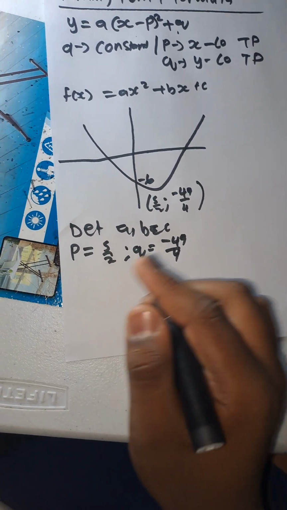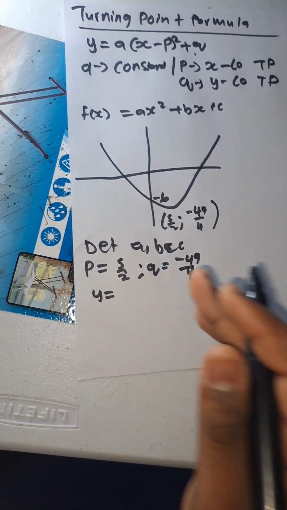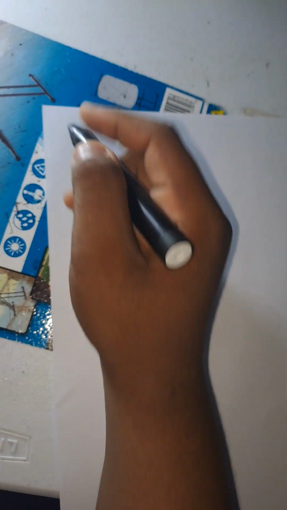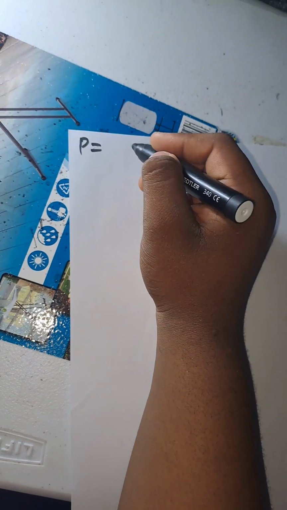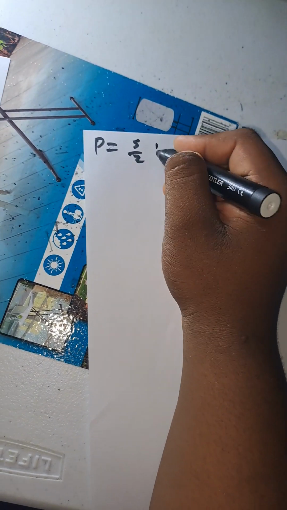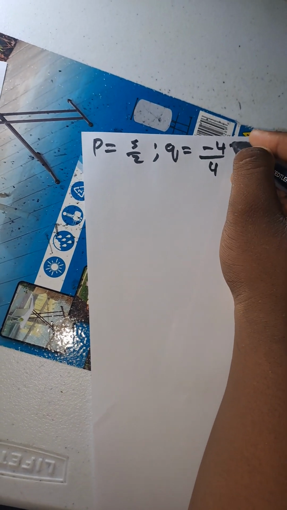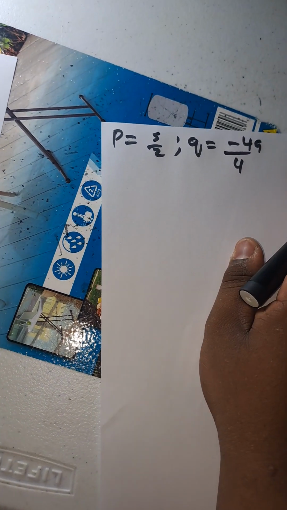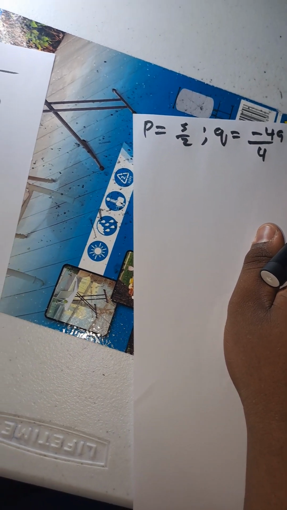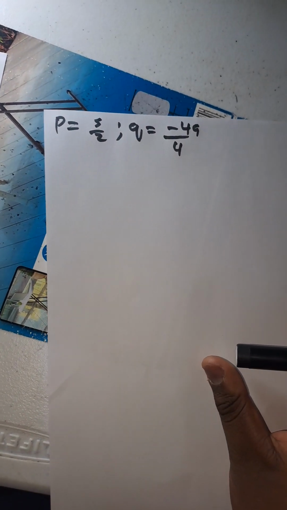So my p is equal to 5/2 and my q is equal to -49/4. Now the reason why I'm saying my p is 5/2, not -5/2, you have to be careful. If your value is negative, you put a positive. If your value is positive, you put a negative. So you have to be careful.